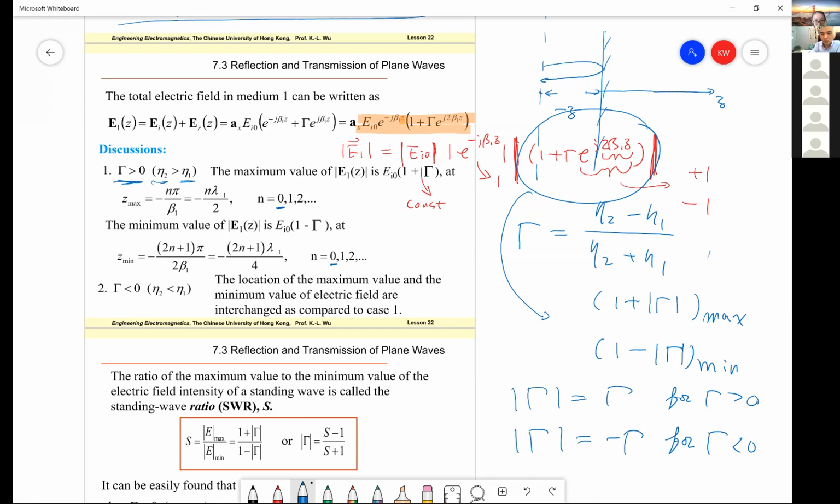So for gamma larger than 0, the maximum value happens when 2 times beta 1 times z maximum equals n times 2 pi.